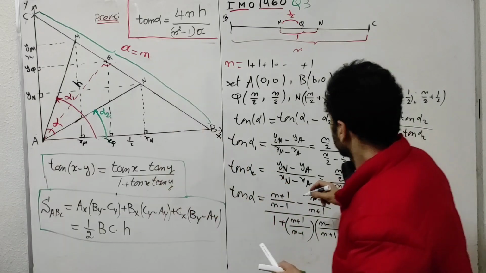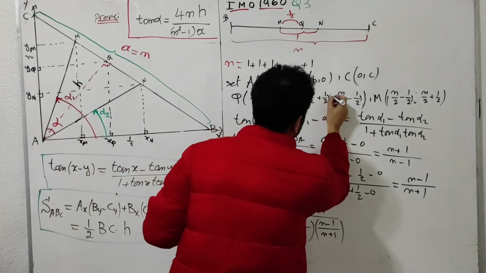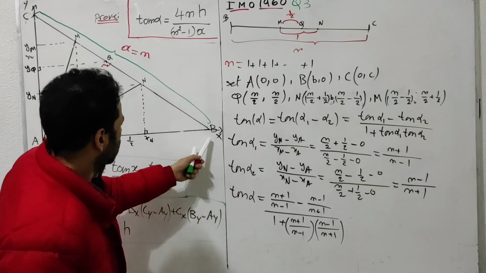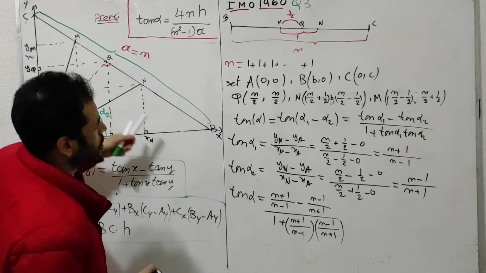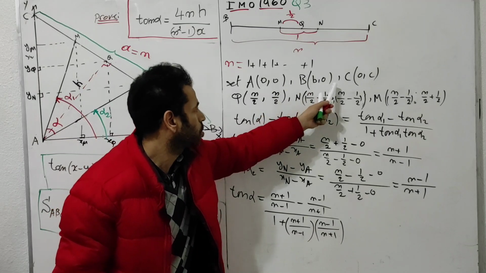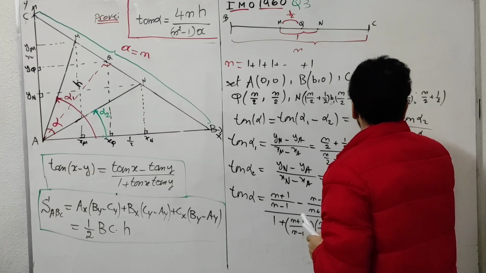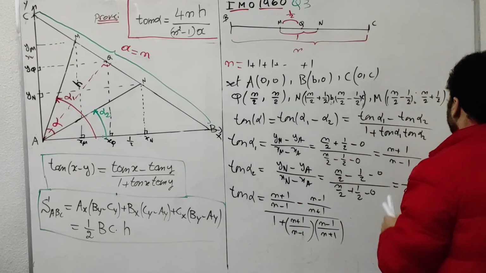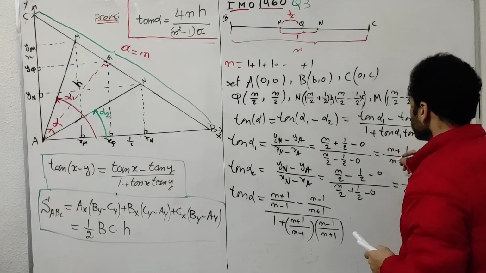Sorry, I forgot to multiply this one by b, because b is considered as x and c is considered as the vertical y, because we have coordinate points. This one is multiplied by b, this one is multiplied by c.